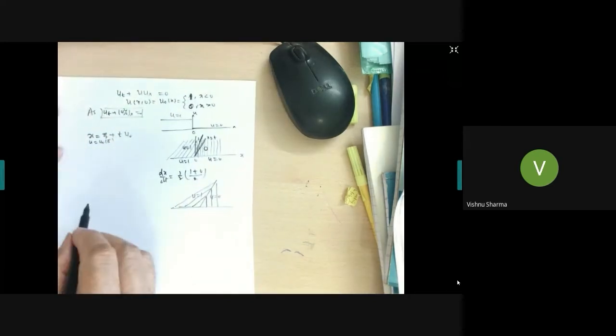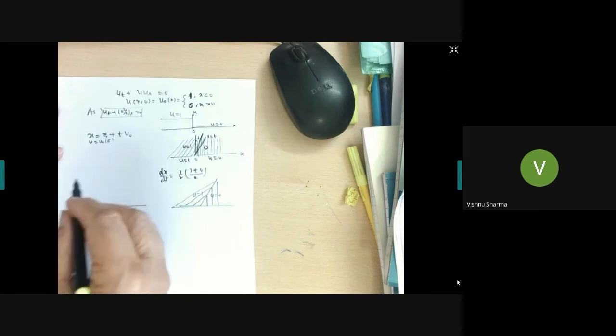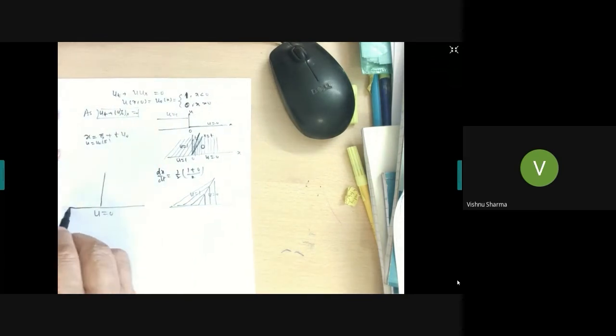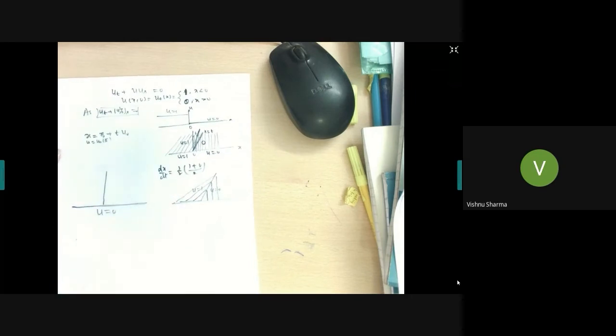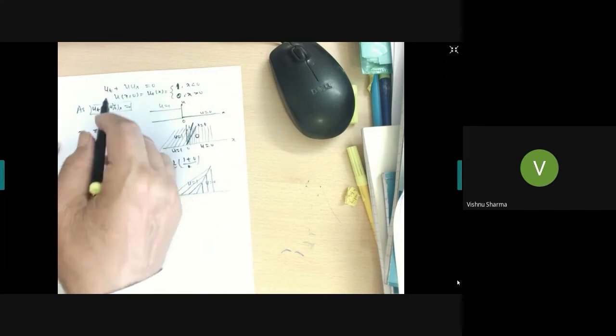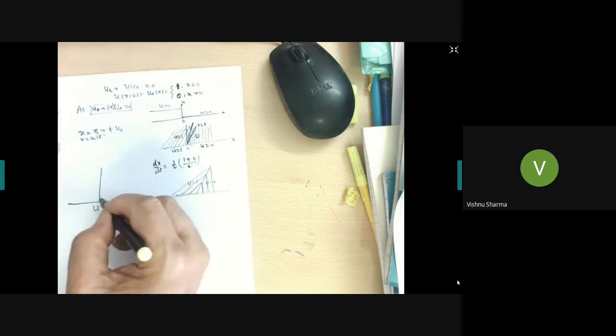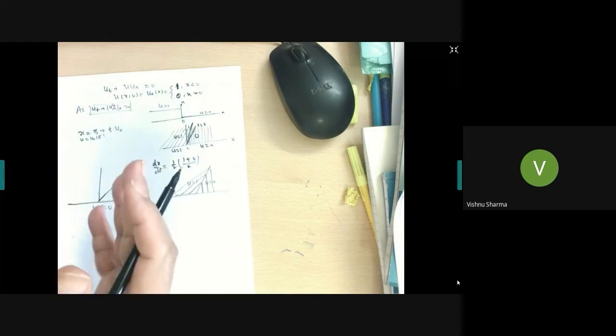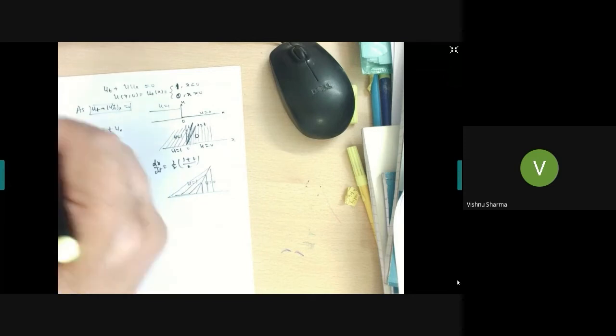For example, if I take this problem, look here, u is equal to 0 initially. Absolutely, there is no disturbance initially. All right. Then I introduce a discontinuity here, because discontinuities are to be introduced into the solution which satisfy the RH condition.